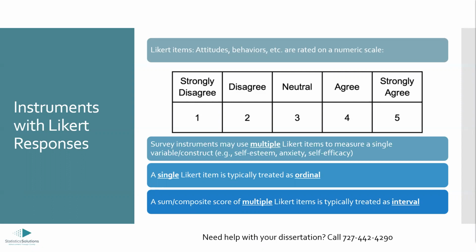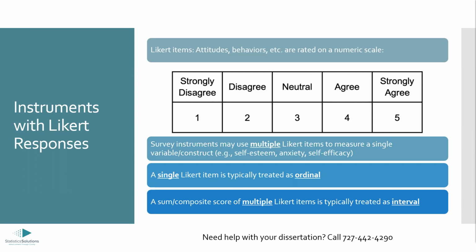where different categories are assigned numbers, and you may have something like we see in this example here, like a 5-point scale that's rated from strongly disagree to strongly agree. But what is most common is that a survey instrument that is developed and validated to measure a certain variable will use multiple Likert items to measure a single variable or construct.